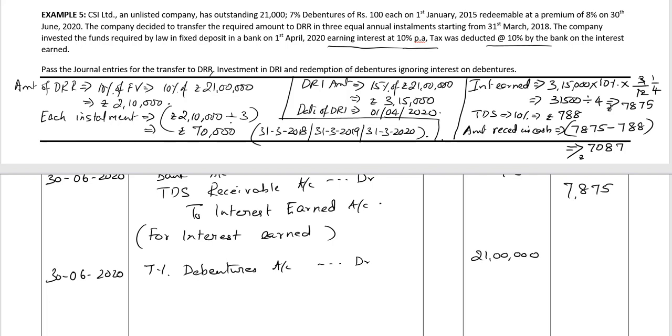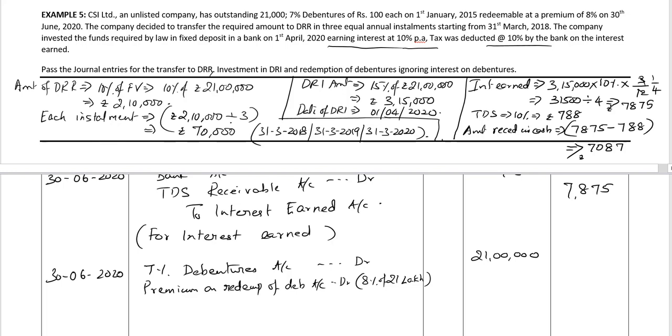It's redeemable at a premium of 8%, so we'll debit premium on redemption of debentures account, which is 8% of 21 lakh, comes up to 1,68,000 rupees to debenture holders account.